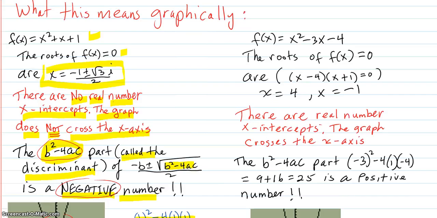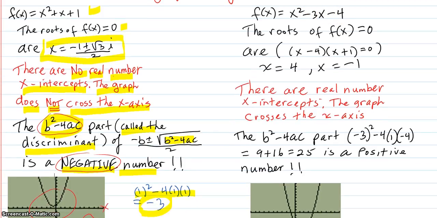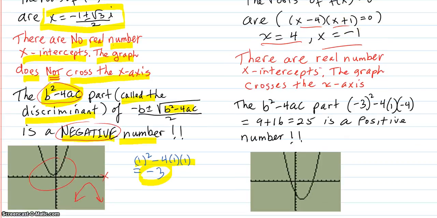Now let's go over here to a nicer case. f of x equals x squared minus 3x minus 4. In this case, there are nice roots, 4 and negative 1. When you factor it out, it comes out nice. So there are real number x-intercepts, which means the graph does cross the x-axis.